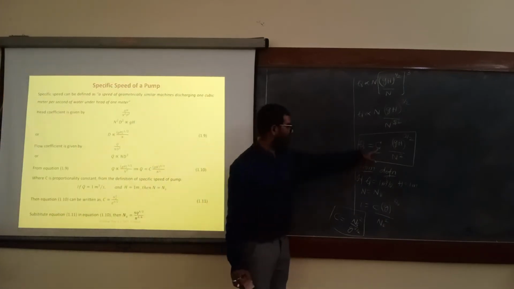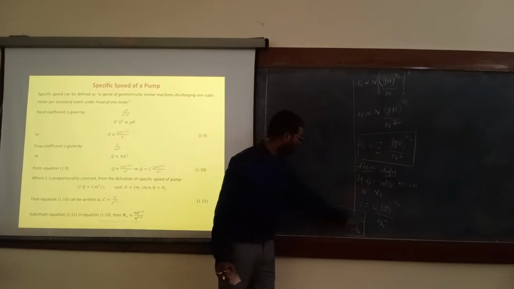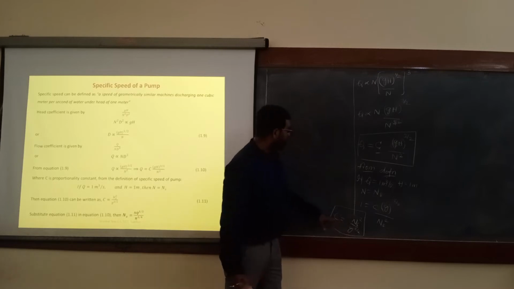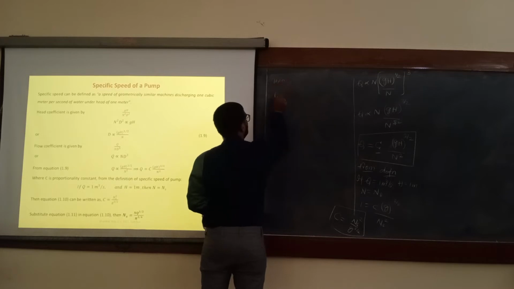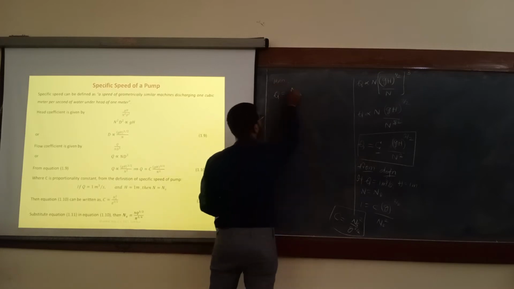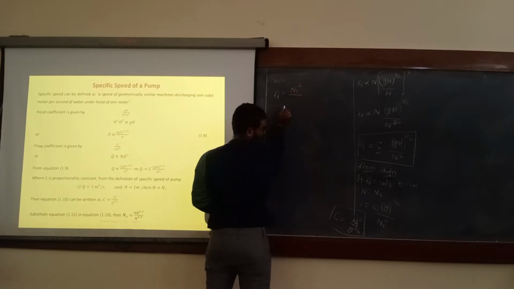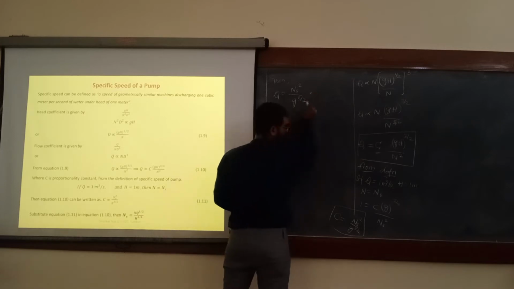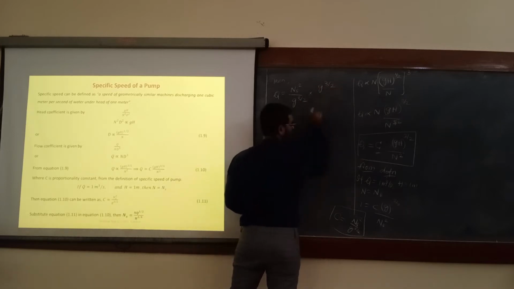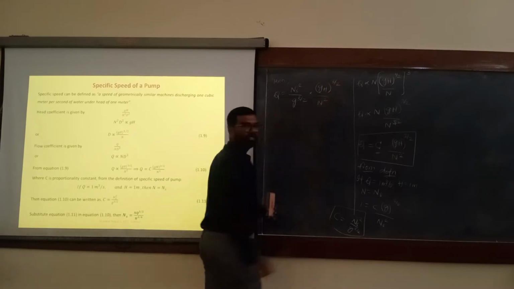See here, the value of the proportionality constant C is Ns square by G to the power of 3 by 2. The value of C will be substituted in this equation. Then Q is equal to Ns square by G to the power of 3 by 2 into (GH) whole to the power of 3 by 2 divided by N square.